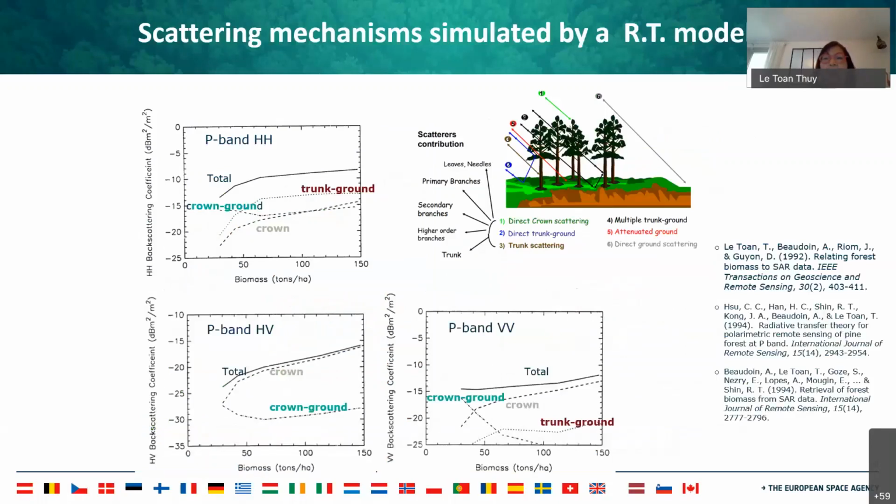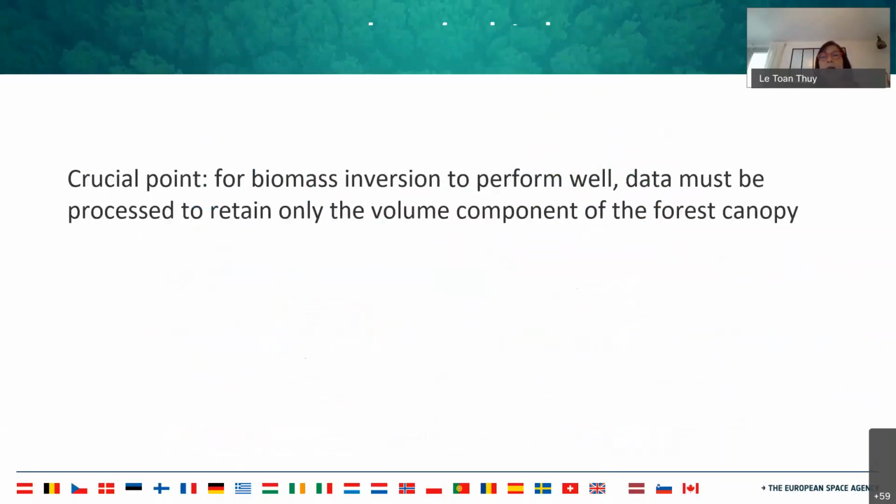Now again, because of the understanding of that, we say the data must be processed to retain only the volume component of the forest canopy. So we have the measurement, we have the different measurement modes, and now we will see how we will play with the data in order to cancel the contribution of the crown.